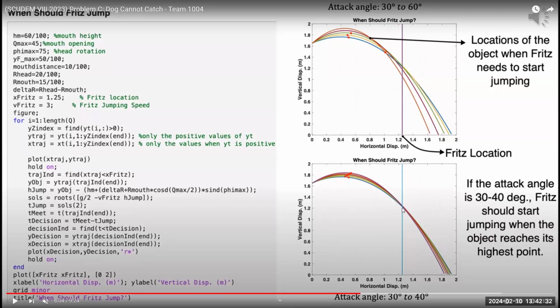But this is really difficult for even us to be able to calculate and to think about without displaying it in some way. And the amount of work that we just went through to make graphs of this in MATLAB and obtain data and systems of equations goes to show the amount of thought process that Fritz and any dog really has to go through to catch an object in its mouth, and to be able to do it without failure, tremendously difficult.